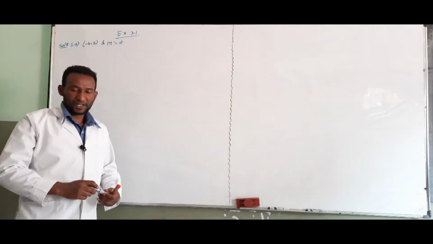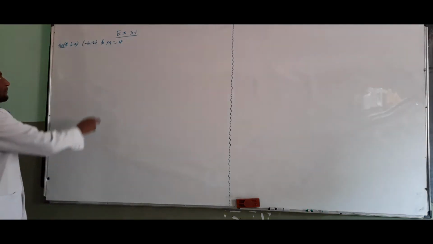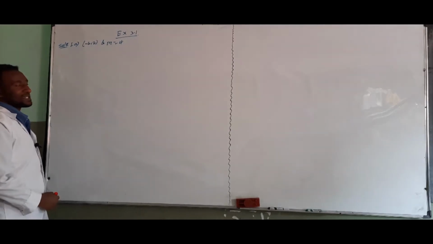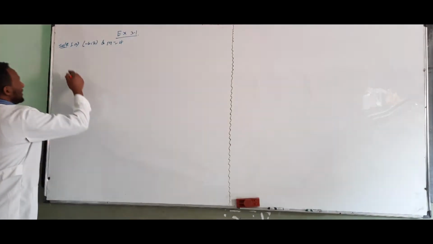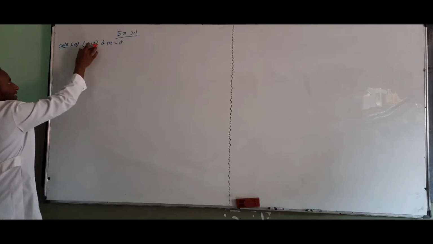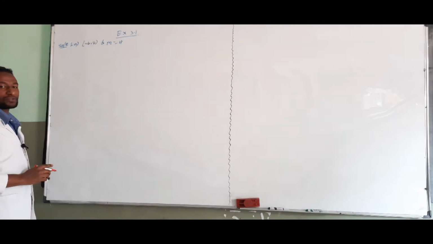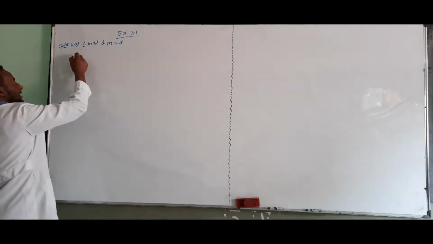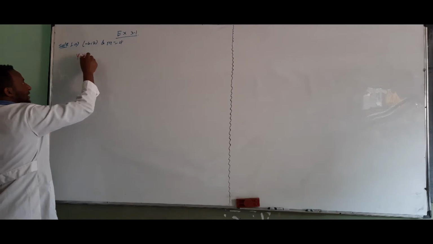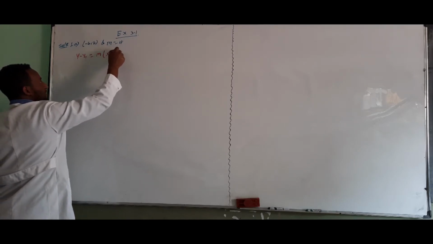When we find the equation of a line that passes through the point (-6, 2) with slope 4, when the slope and one point on the line are given, we can find the equation of the line as y minus y1 is equal to slope times x minus x1.